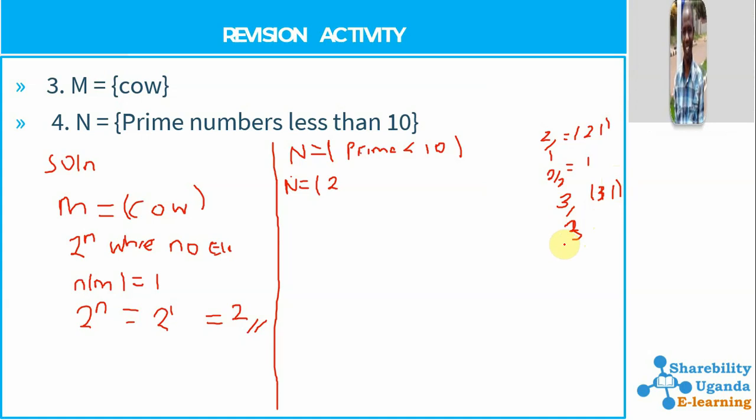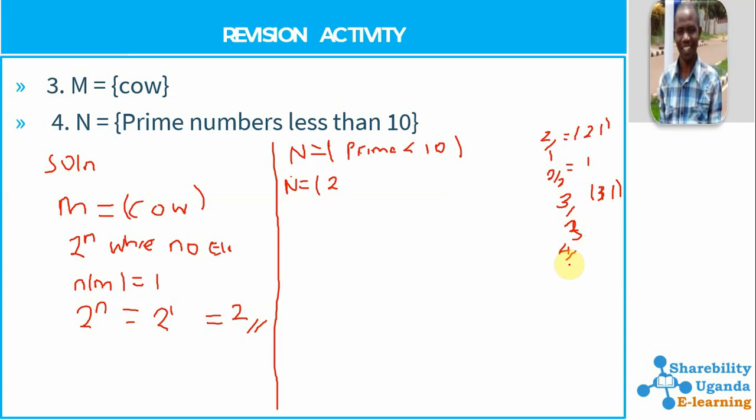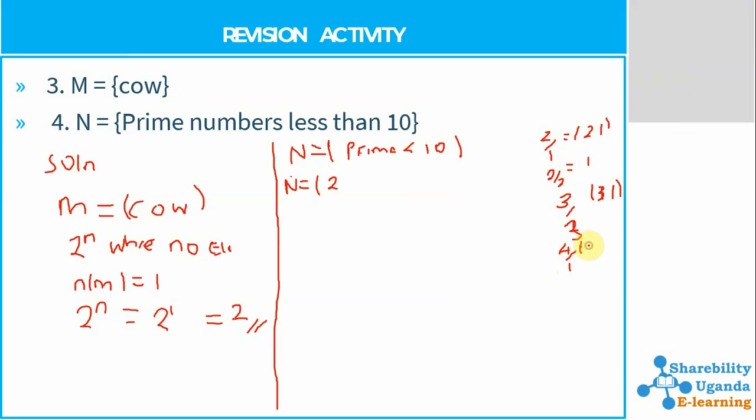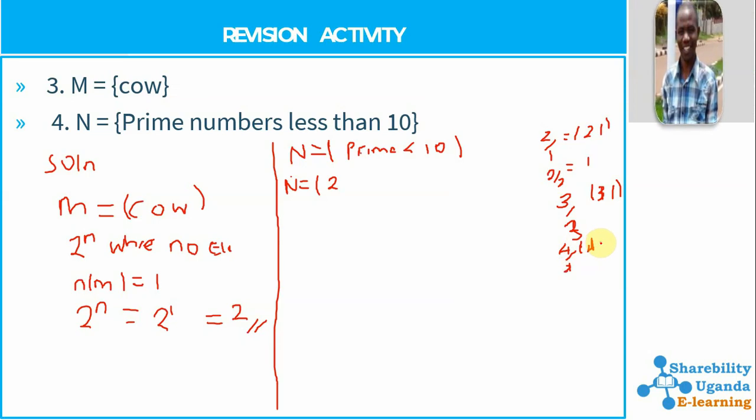Let's also try our 4. We are now getting the factors of 4. 4 divided by 1, we get 4. What is 4 divided by 2? We get 2.